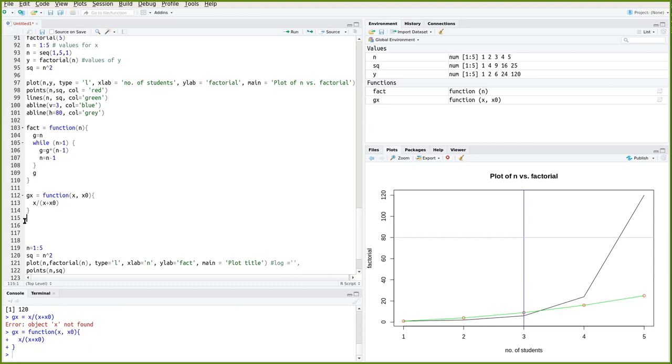Now I want to know what is the value of this gx at, give me some number. 5. 5, and give me some value of x naught. 9. It could be 9, okay.